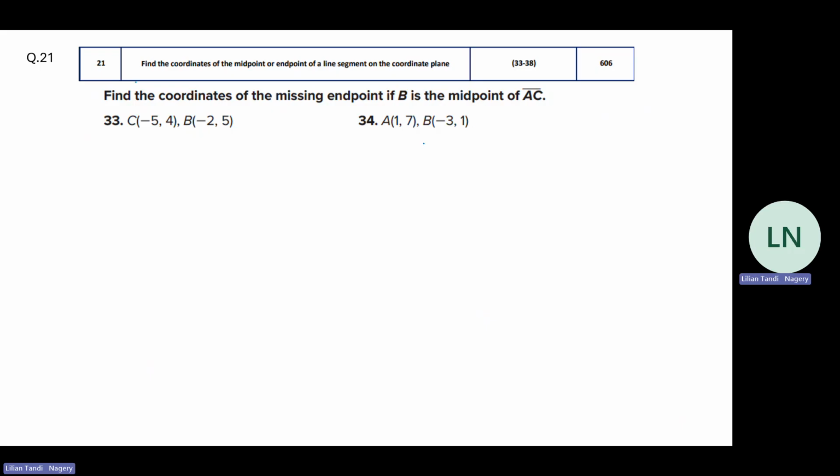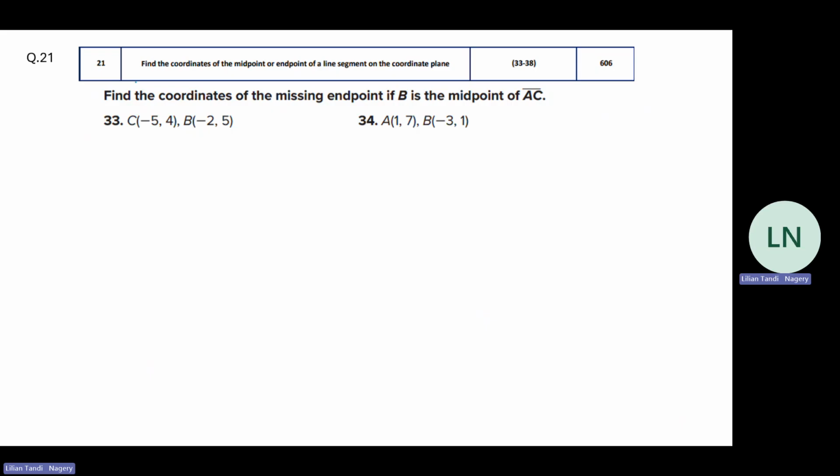Now this is different. Here you have been given the midpoint and you have 3 points on the line and one of the points is missing. Okay, that's what we are doing over here. So make sure you read the question to understand and you draw the picture.